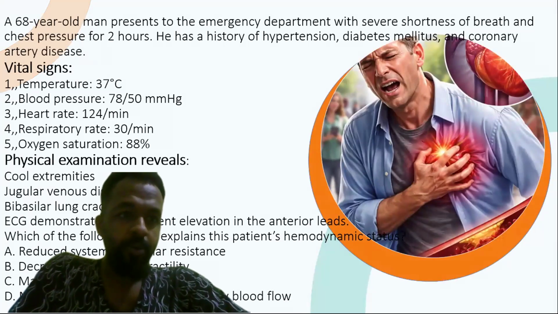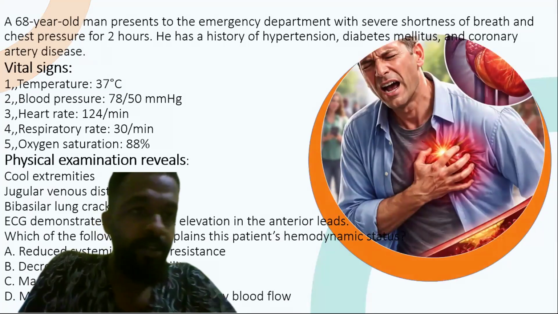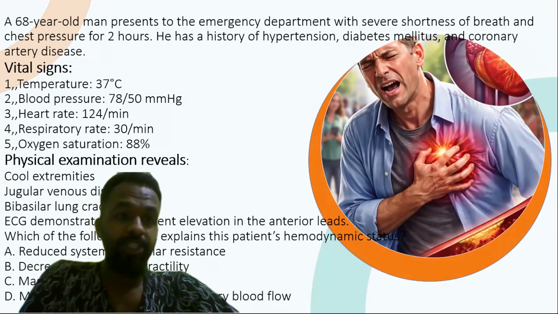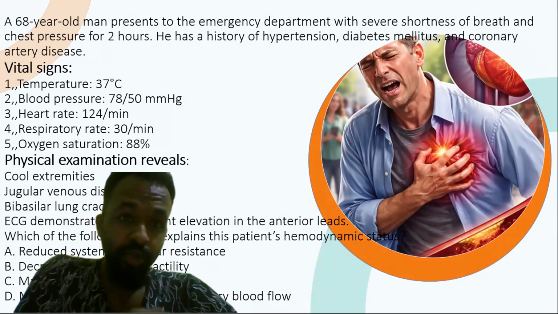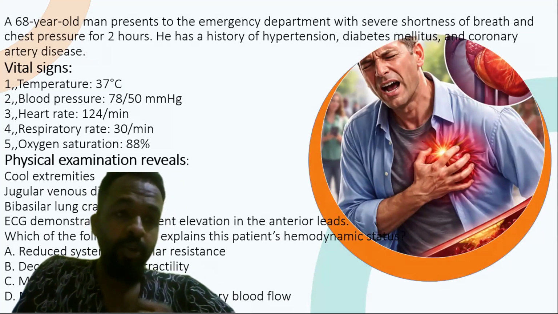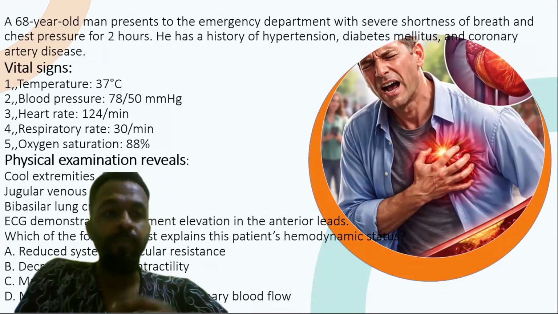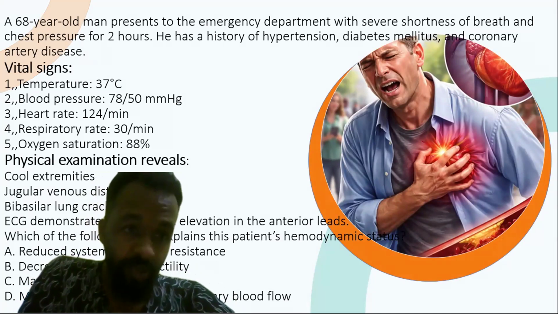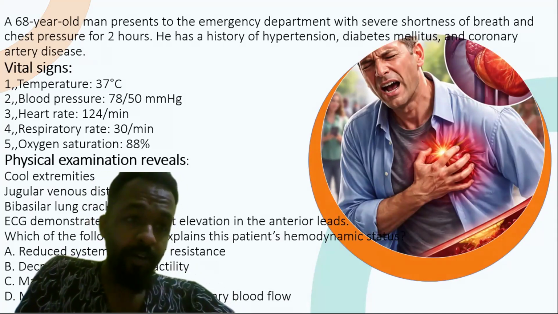So we have here a small case. A 68-year-old man presents to the emergency department with severe shortness of breath and chest pressure for 2 hours. He has a history of hypertension, diabetes mellitus, and coronary artery disease. For the vital signs, we have temperature, blood pressure, heart rate, respiratory rate, and oxygen saturation.